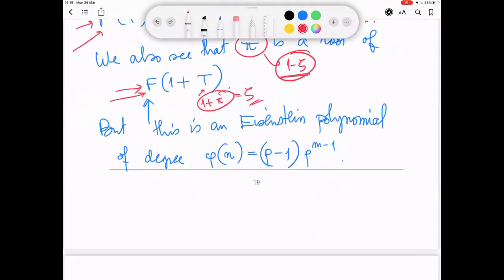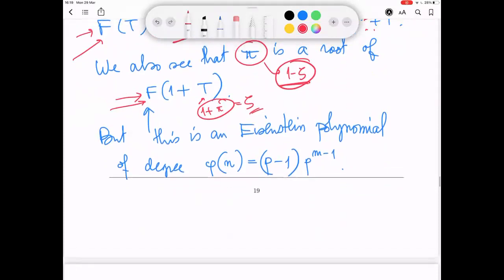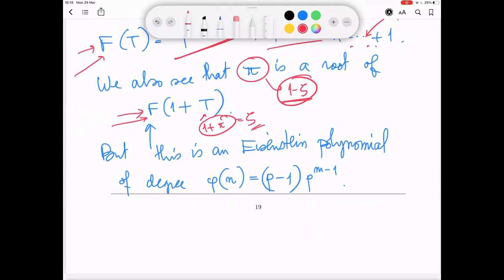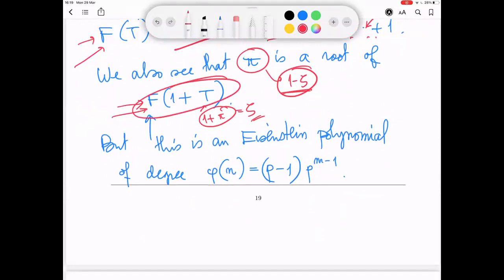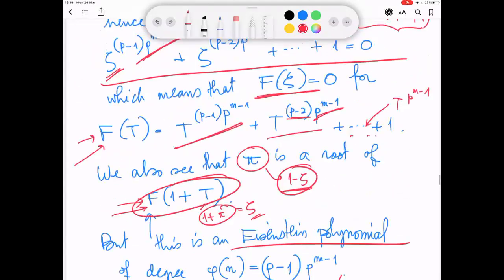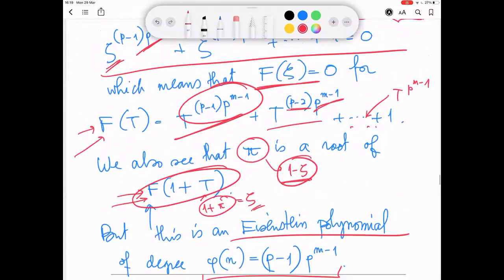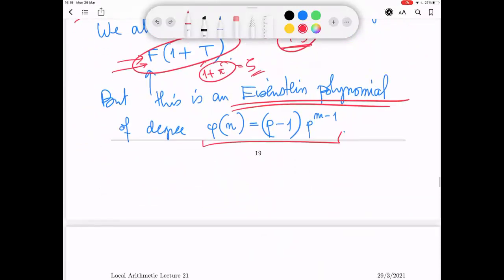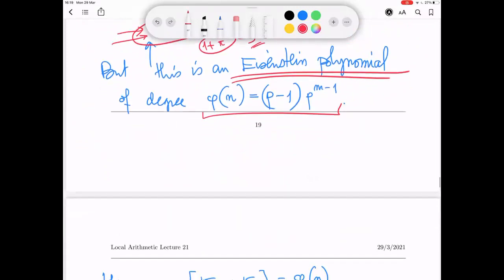Now, here is something that requires a little checking, and that's easy. It's not difficult, so I've left it to you. You check that this polynomial f of 1 plus t is an Eisenstein polynomial of this degree. The degree is clear, the degree is here, but that it's an Eisenstein polynomial is not very difficult to check.